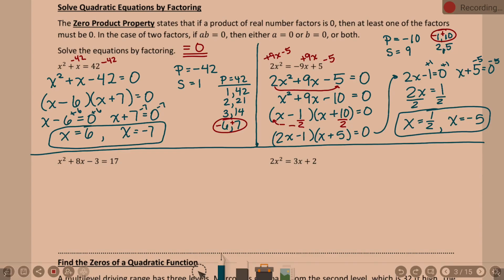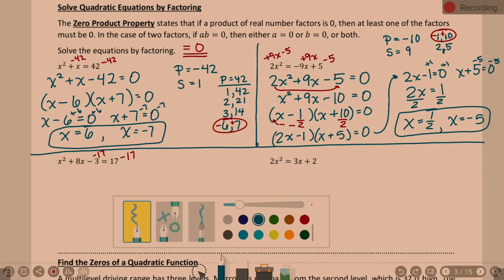Okay. Moving on. X squared plus 8x minus 3 equals 17. What are you doing first? Before I can factor this, I need to make it equal to 0. So I'm going to take my positive 17 and subtract it to move it to the other side.